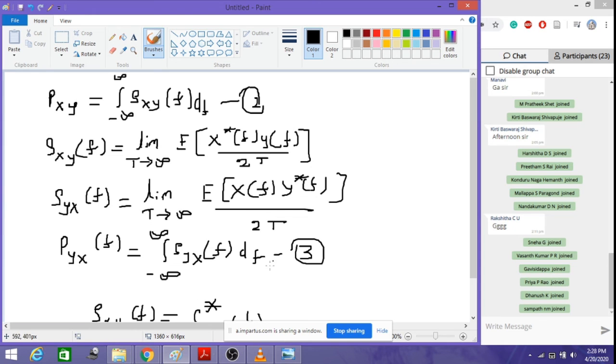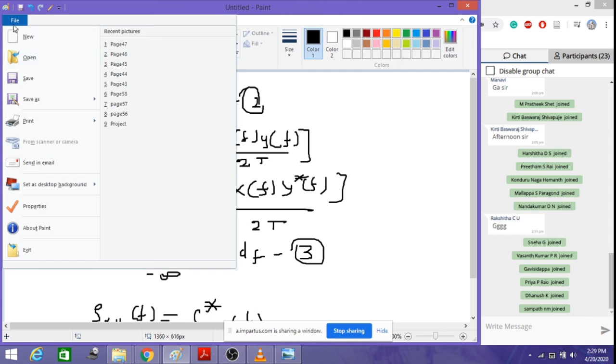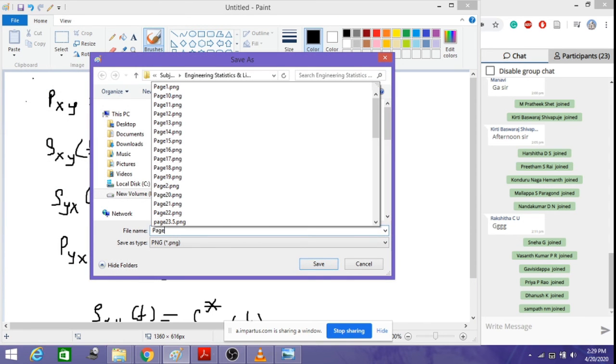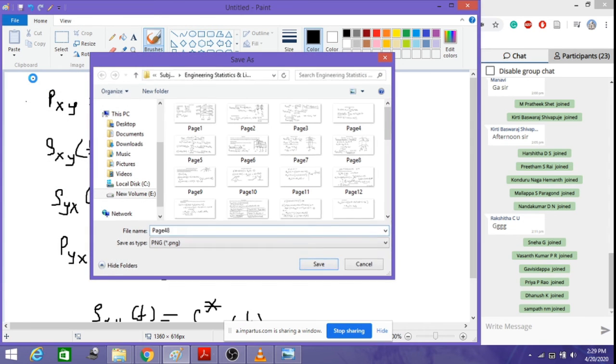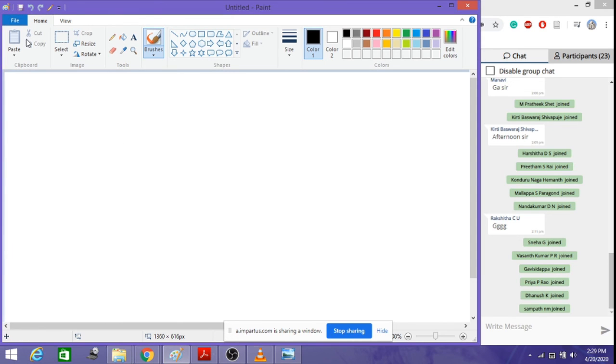Now if we apply the exponential term to equations 2 and 3, that will become our cross spectral density. So let us write that. Let's save this page. I'll take a new page here.